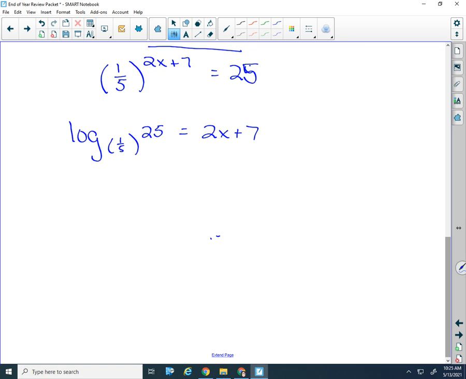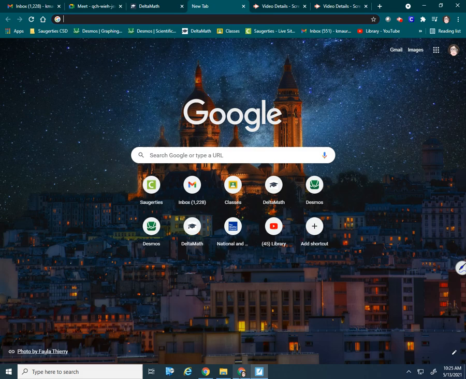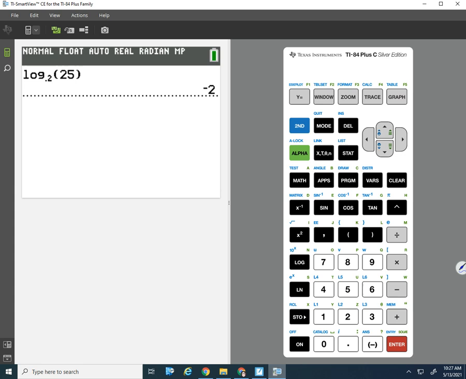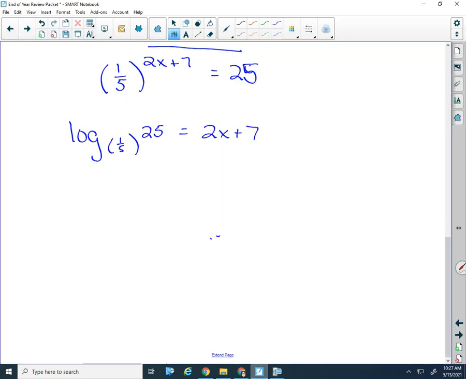I have to put this in the calculator now. I went to my graphing calculator and I put in log base 1/5 of 25, and then I got -2. Now 1/5 is the same thing as 0.2, so that's why I put that in.